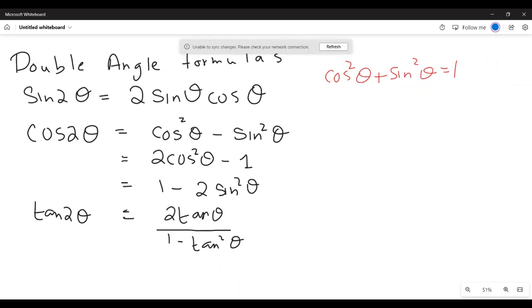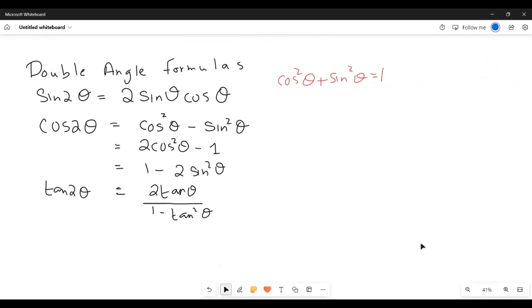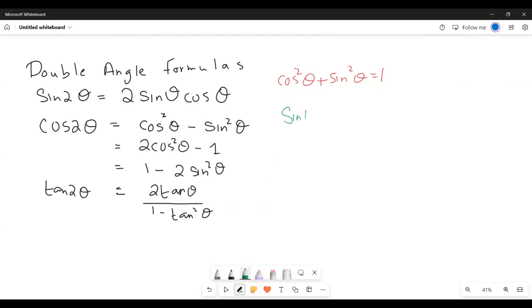Question is that sine alpha equals 2/3, where A is obtuse.